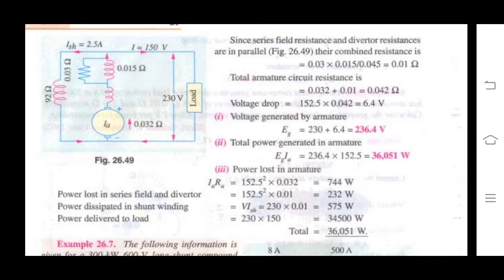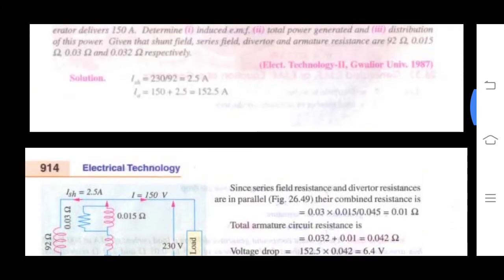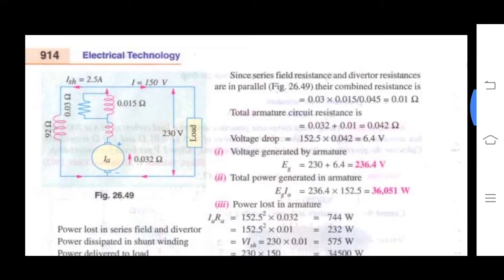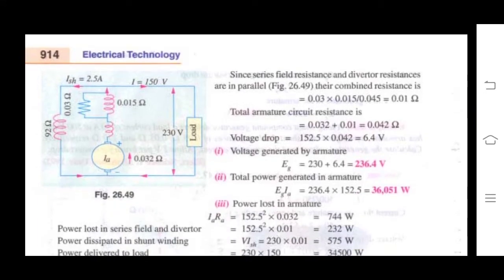Voltage drop equals IA, 152.5, into the armature circuit resistance, that is 6.4 volts. This is the voltage drop in the armature circuit and series field circuit.